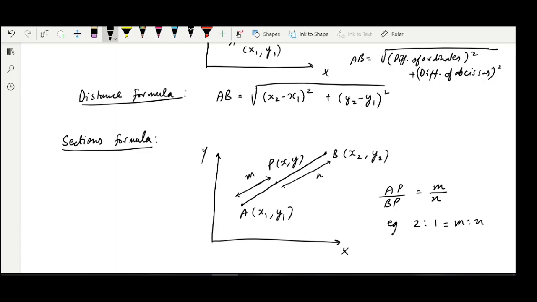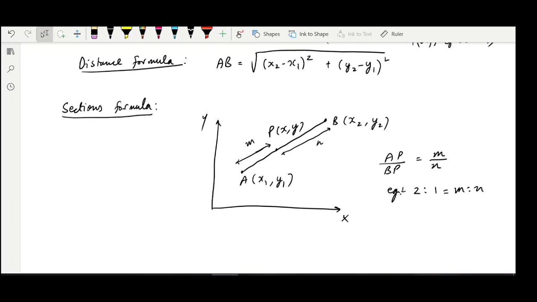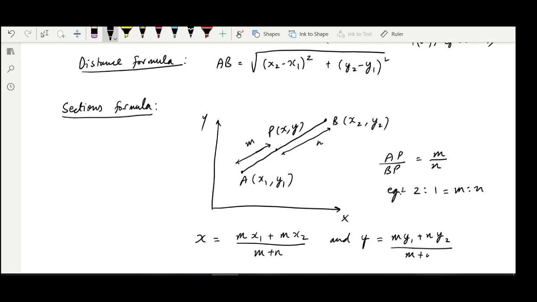Now, given this information, you need to find the coordinates of that point P(x, y) that divides this line AB in the ratio m:n. To do that, we use the section formula, which is given by x is equal to (m x2 plus n x1) divided by (m plus n), and y is equal to (m y2 plus n y1) divided by (m plus n).